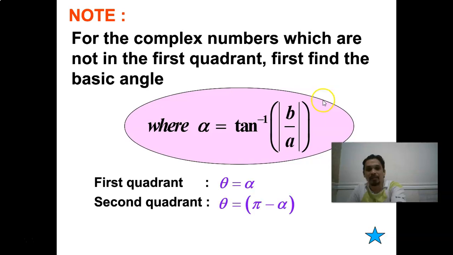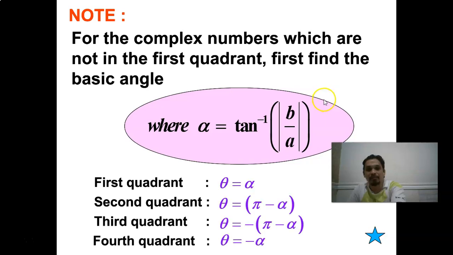For the complex number which is not in the first quadrant, first find the basic angle. The basic angle alpha equal to arctangent of b over a with a modulus.